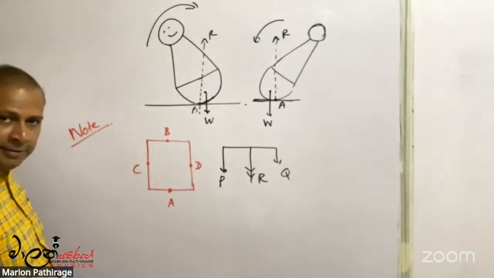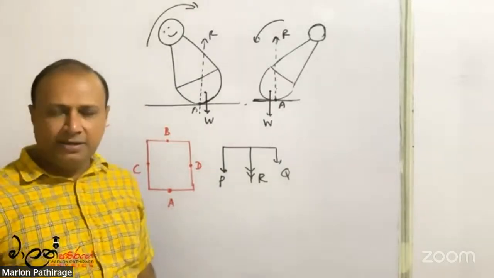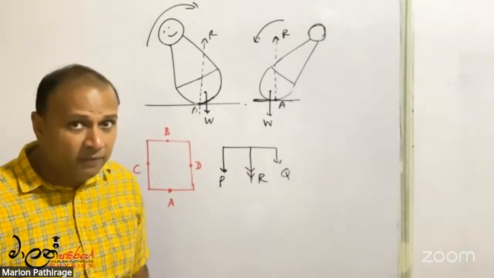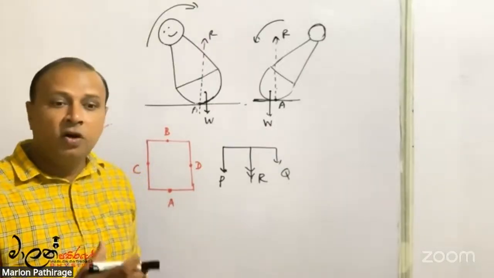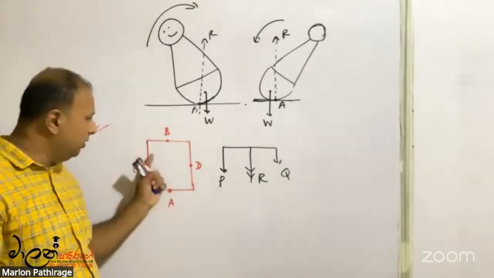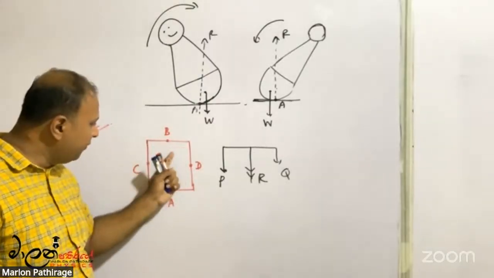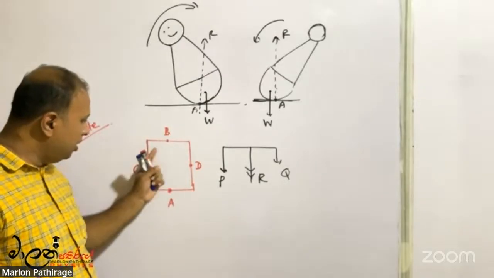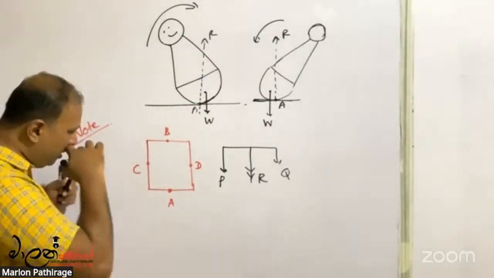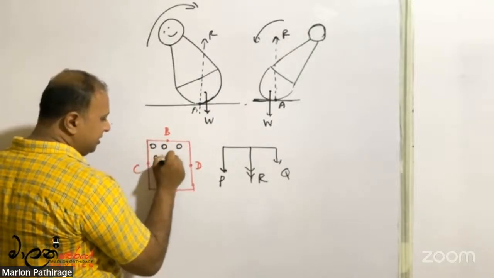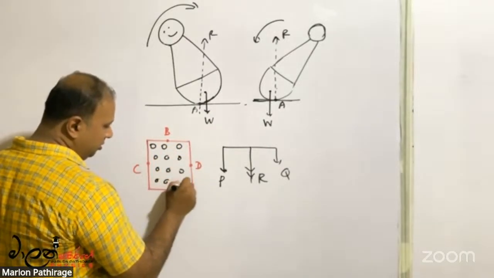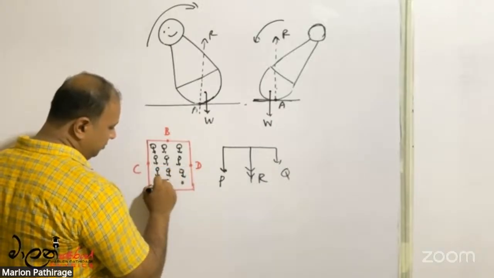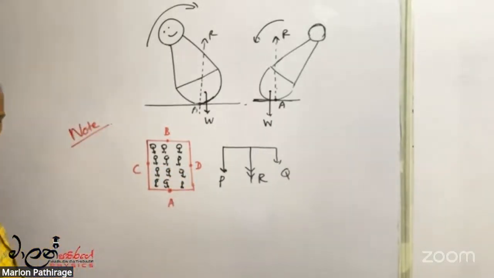The second theory part is the weight. The weight of an object is the resultant force of the weights of all its particles. Any object consists of many particles, and these particles have weights.